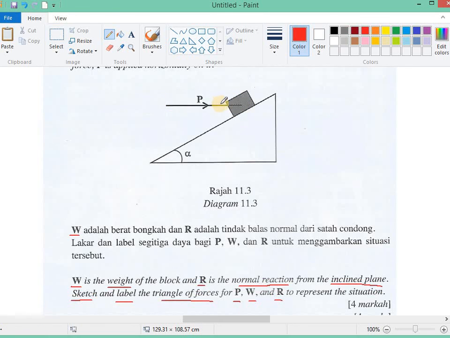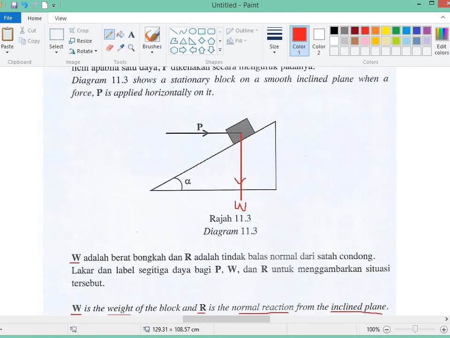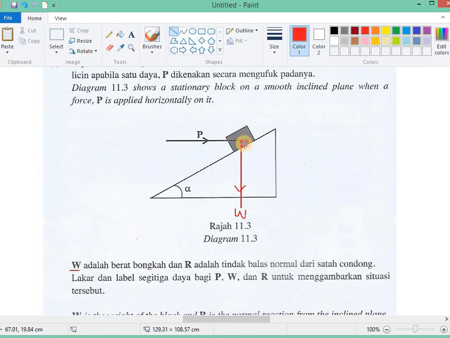So there's one force here acting on the block, and then there is the weight of the block. This is the weight. R is the normal reaction. The normal reaction is here. Weight always goes downward because of gravity; the direction of weight is the same as the direction of gravity.